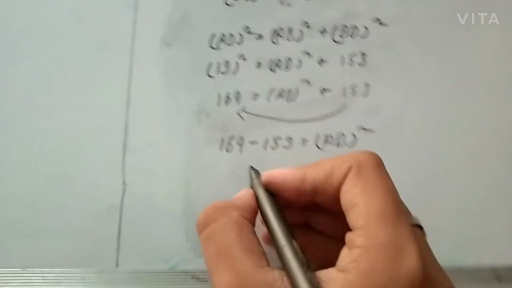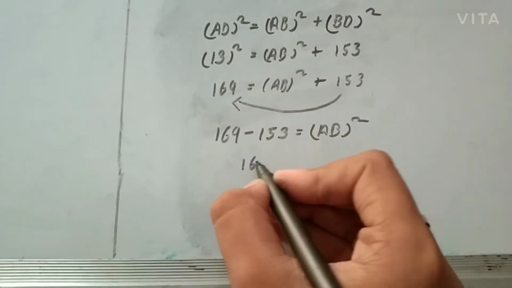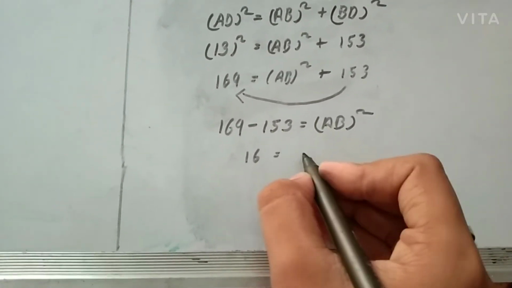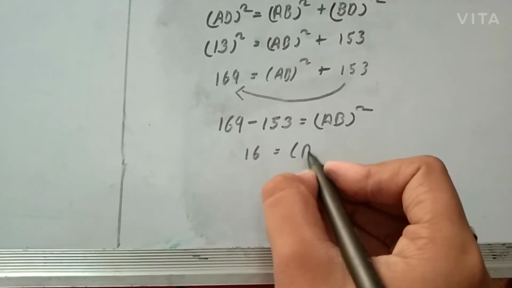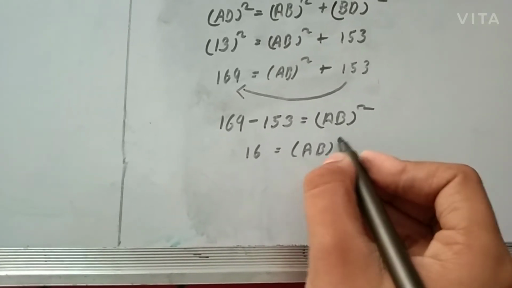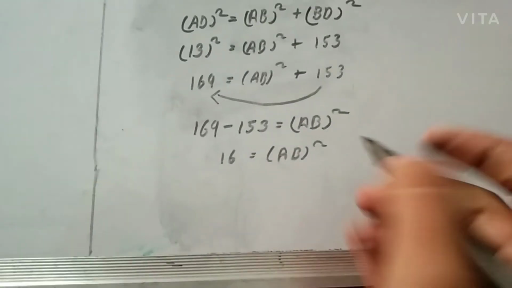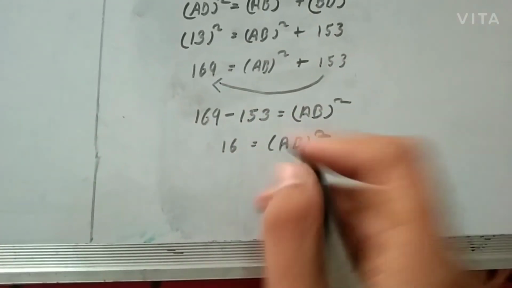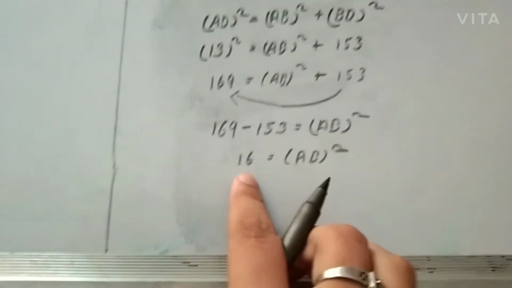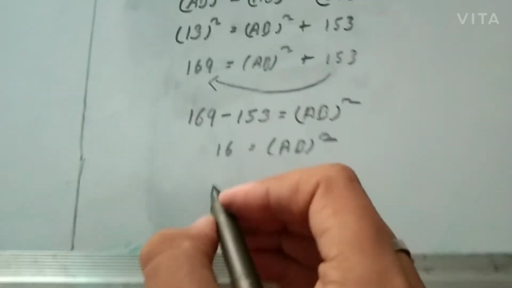So our answer will be 16 equals AB square, and now we will convert it by taking the square root.